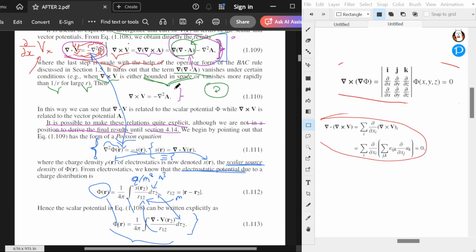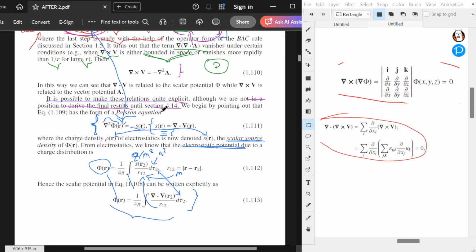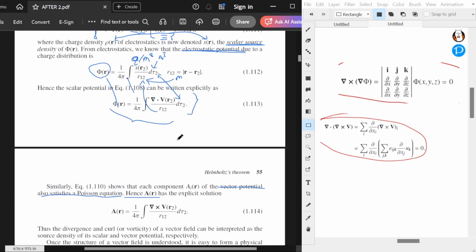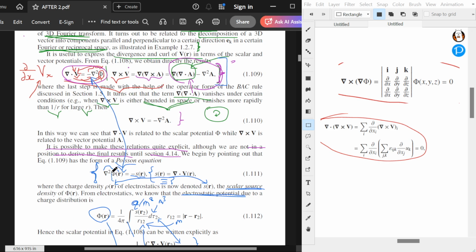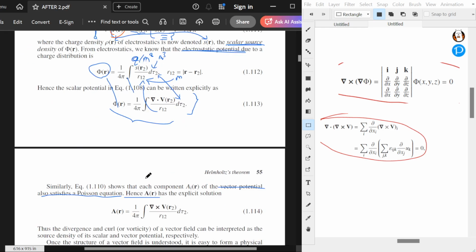How is this the Poisson? Oh yeah, I can see. I was going to say it's not a Poisson because this guy is a scalar and this is a vector, but they explicitly said each component is like a Poisson equation.